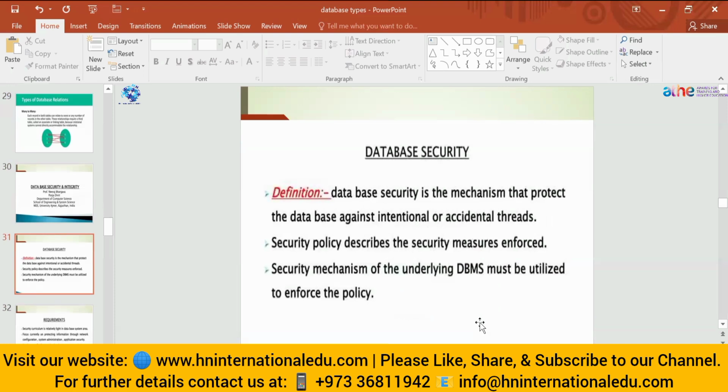Our database must be secured and properly managed, so we can ensure the privacy of our data. Let's suppose we have a record of employees, and that record contains personal information, such as the CNIC, name, phone number, and address.